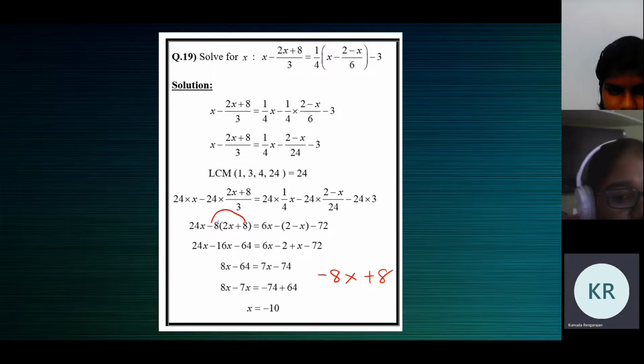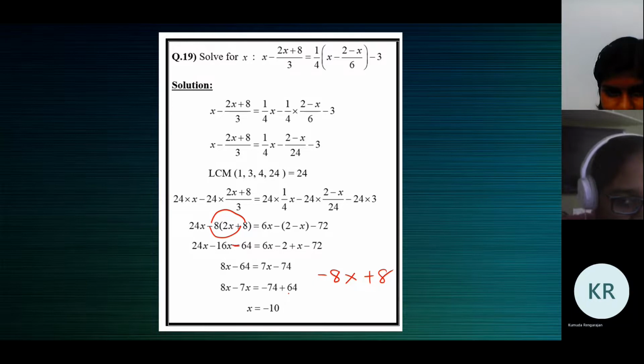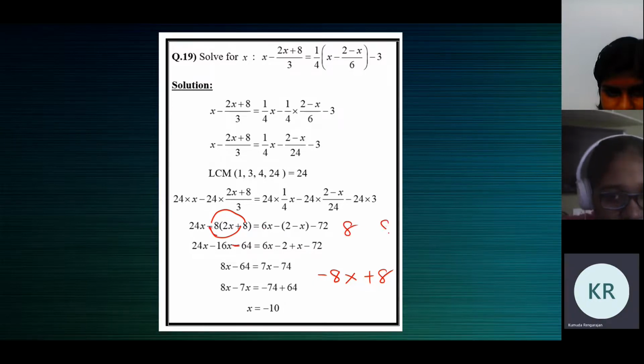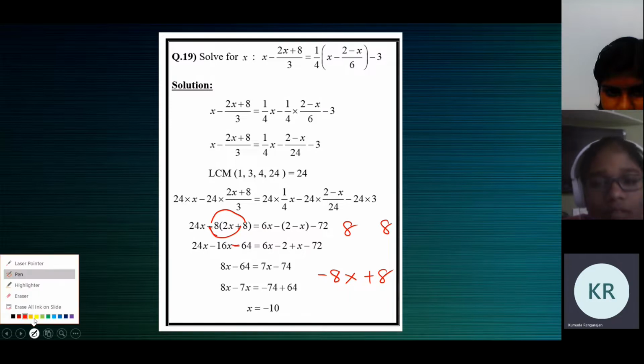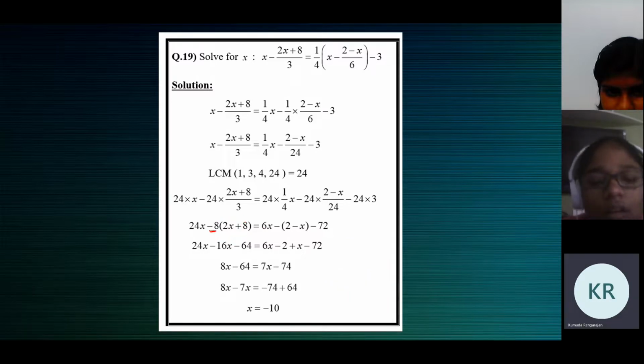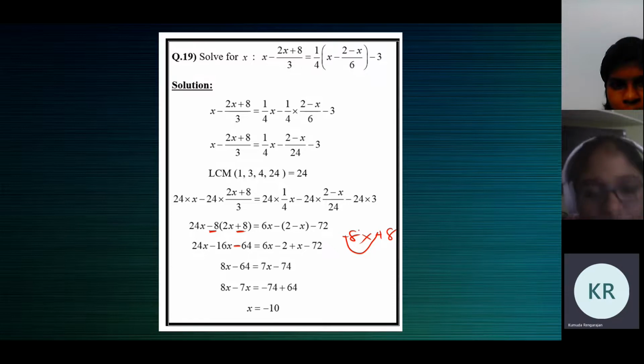We are multiplying the signs. See, when you are multiplying 8 and 8, this 8 outside has a minus sign. This is minus 8. Minus 8 into, this one is plus 8. Minus into plus is minus. So that's why minus here. 8 8s are 64.